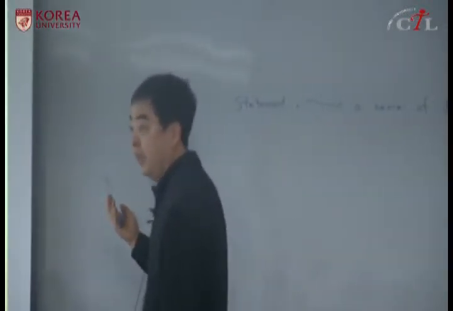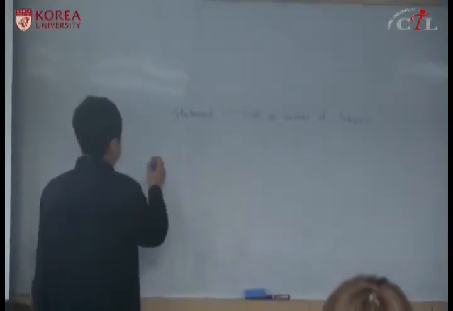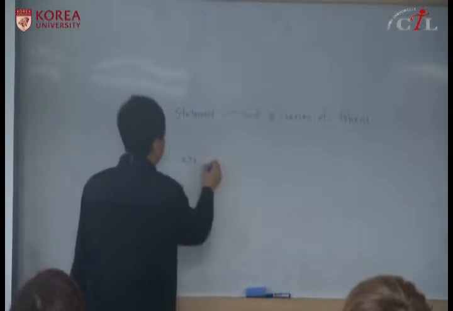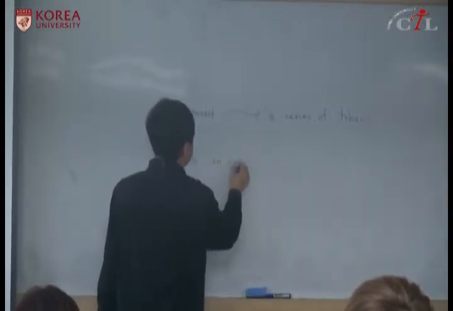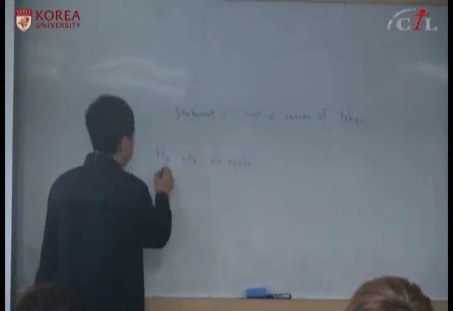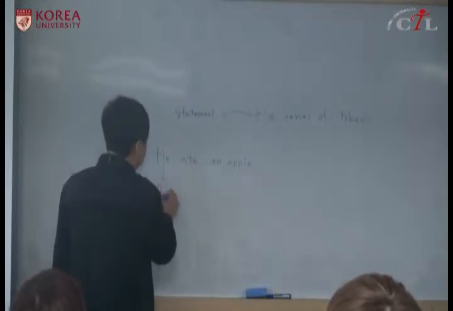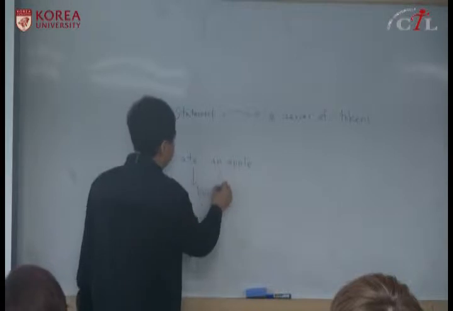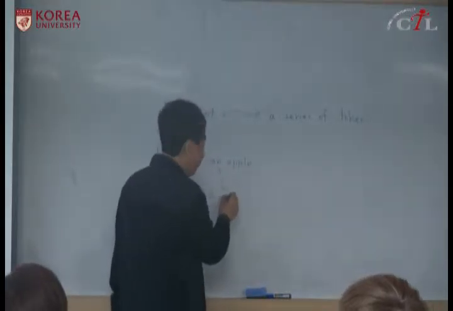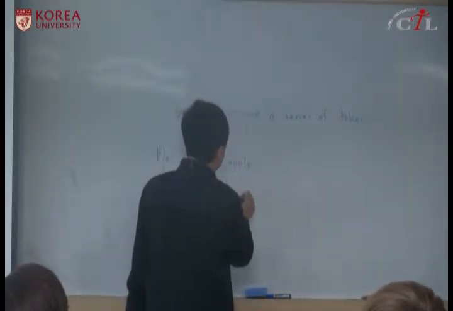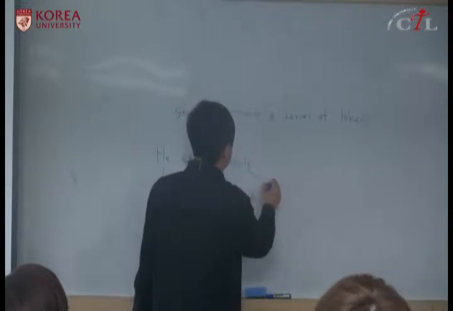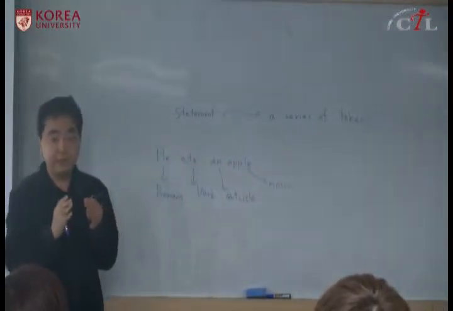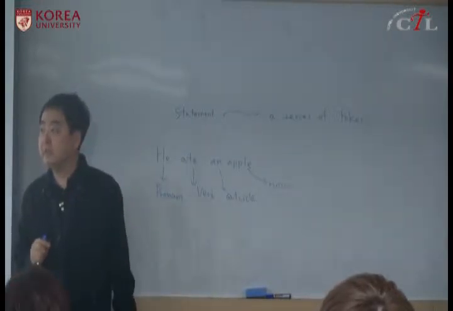Tokens can be, if I compare to an English sentence, let's say, he ate an apple. So he becomes a pronoun, ate a verb, an an indefinite article, and apple a noun. So it breaks down the statement into different components.